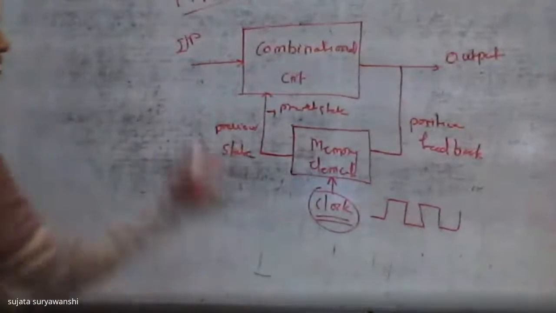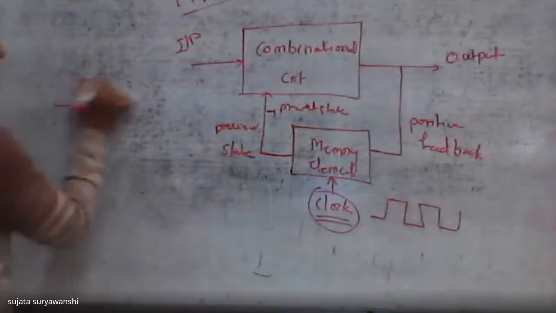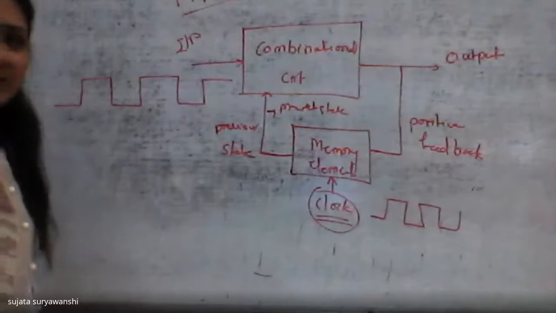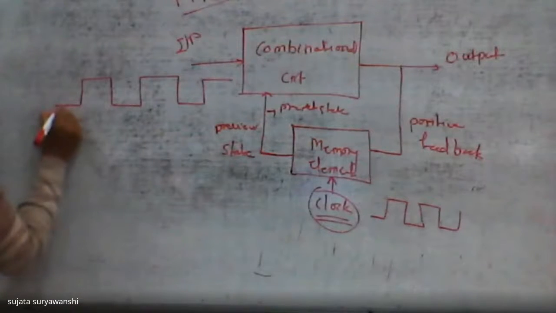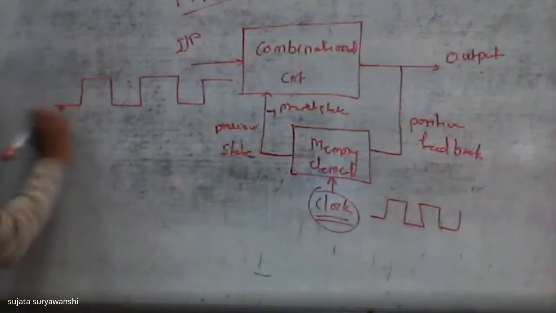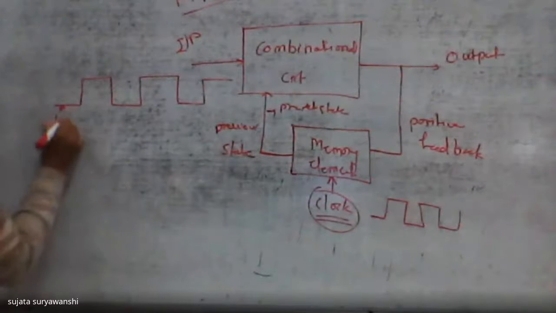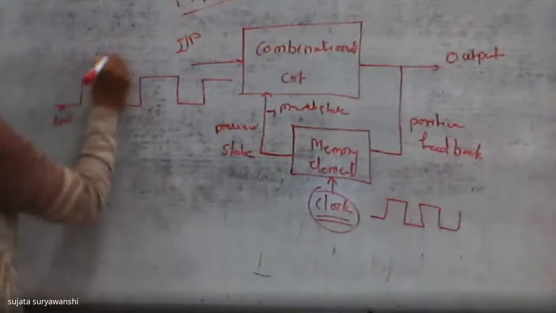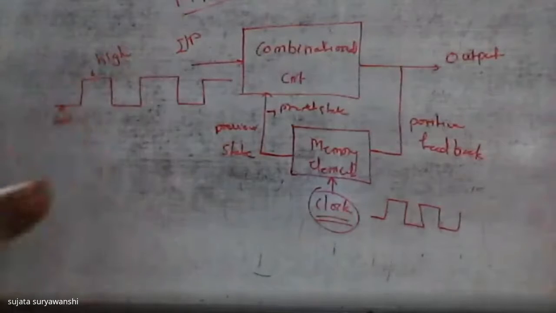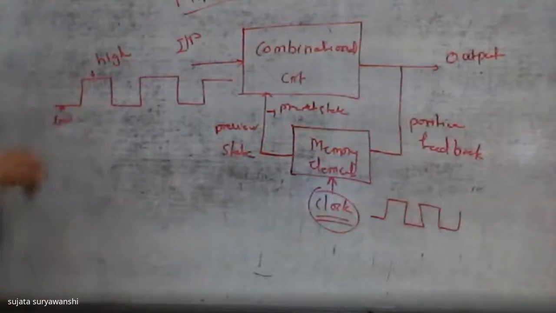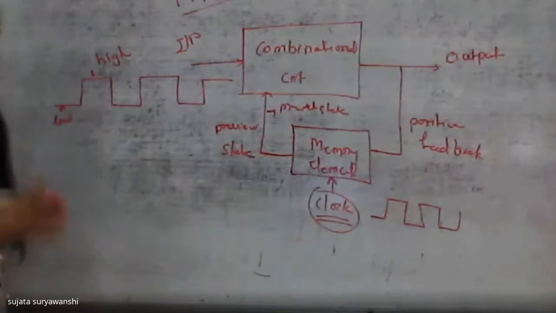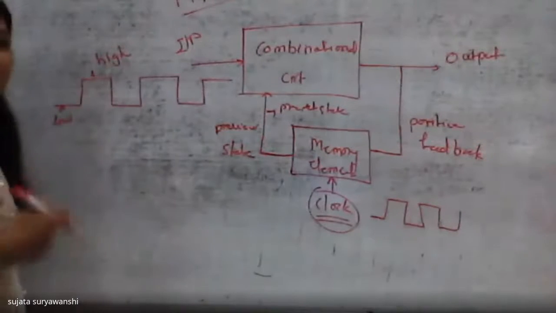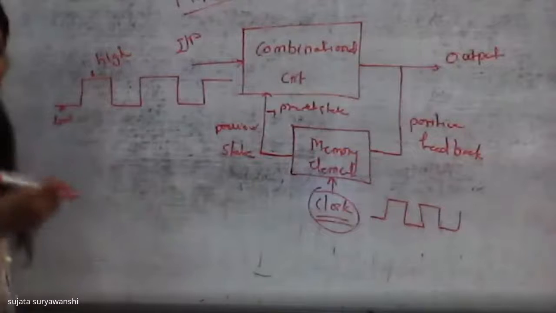This clock signal is a rectangular wave. This portion of the signal is known as low voltage, and this is called high voltage. When you are giving continuous voltage to your circuit, your circuit will produce some output at a particular instant.